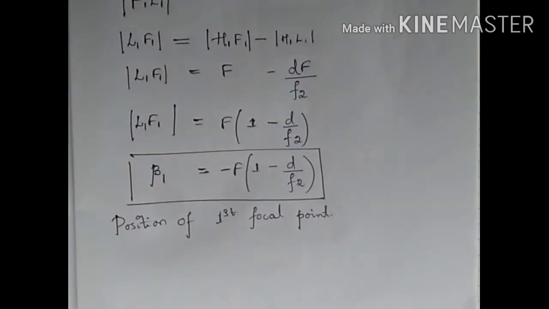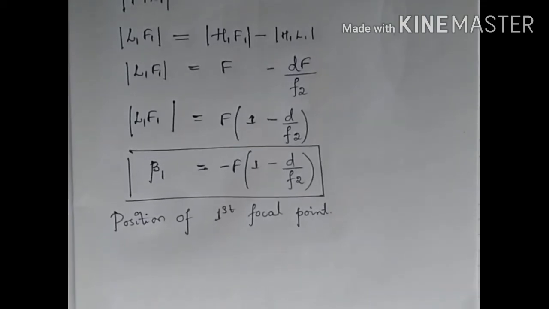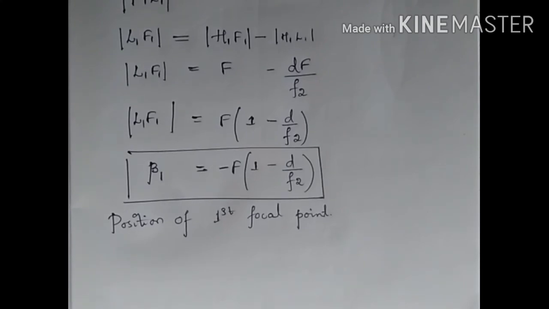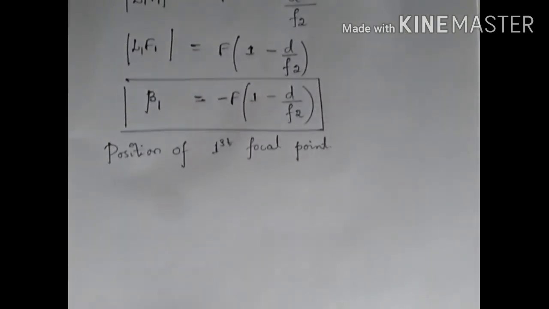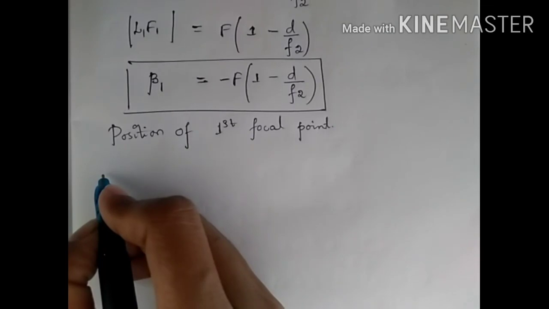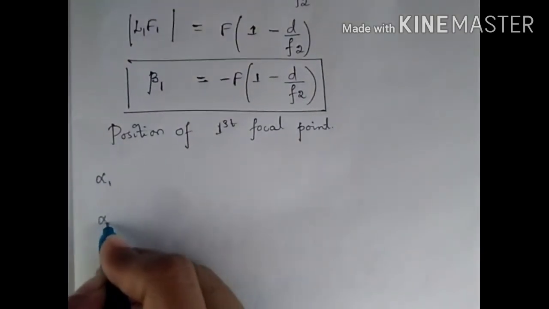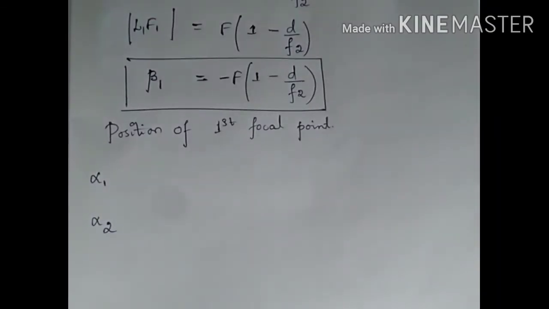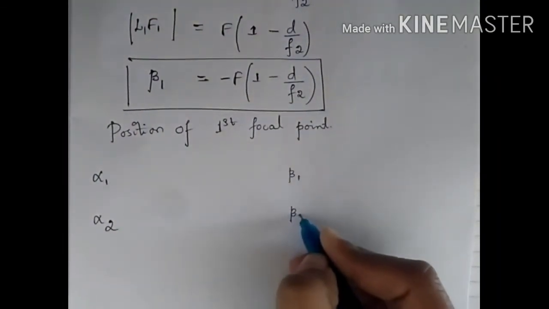So with this we understood the position of the first and second principal points and the focal points. So let us write the principal points and the focal points. Principal points are denoted by alpha 1 and alpha 2, and the focal points are denoted by beta 1 and beta 2.